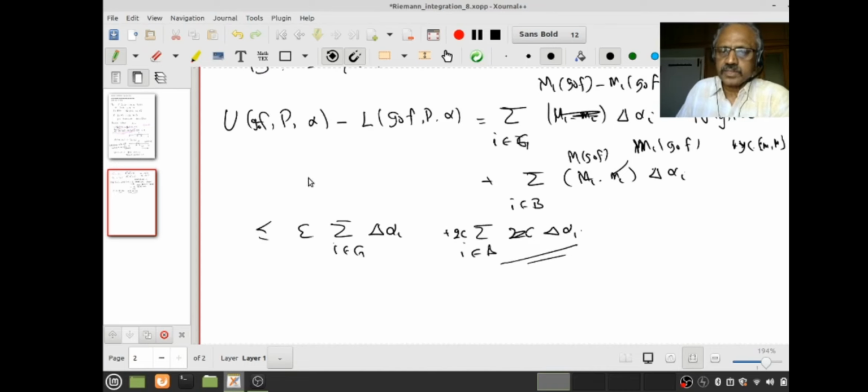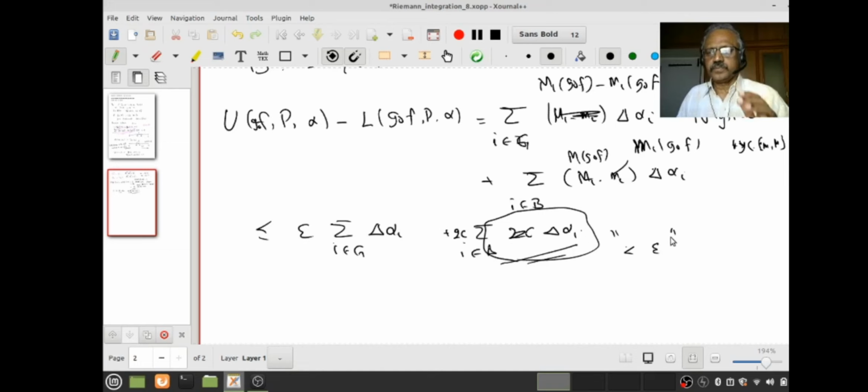So what do I want? This is also some finite quantity. So I have to say this has something to do with epsilon. If I can show somewhere it's something less than epsilon, then I would have got some positive constant times epsilon. Therefore I would have proved the alpha integrability of the composite function G composite f.